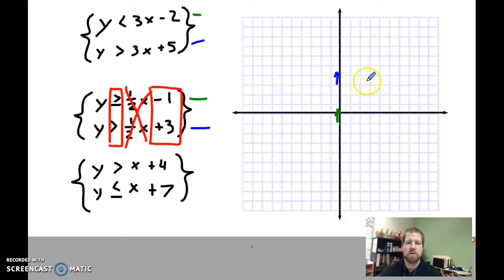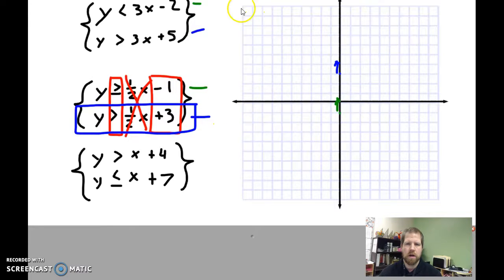Okay, so the solutions for the system would be this whole inequality. Okay, everything in this inequality will be a solution to this system. All right, anything between the green and the blue won't be, because it'll be just a solution to the green line. Okay.